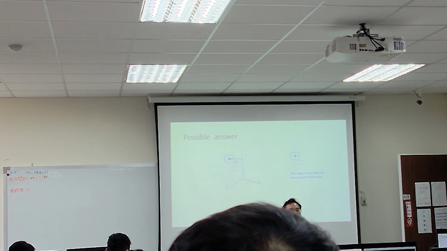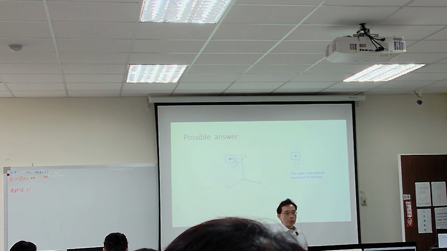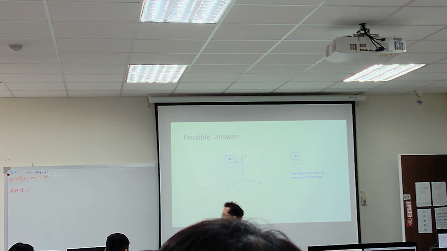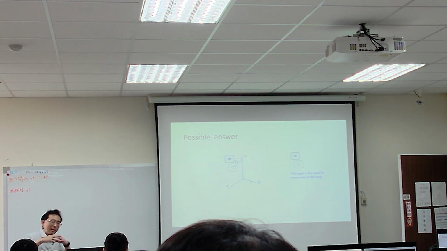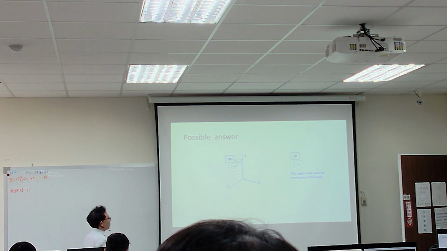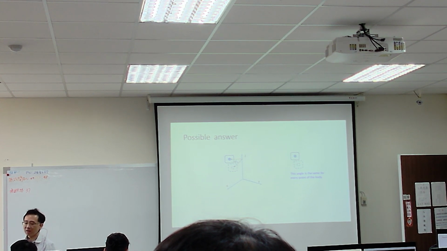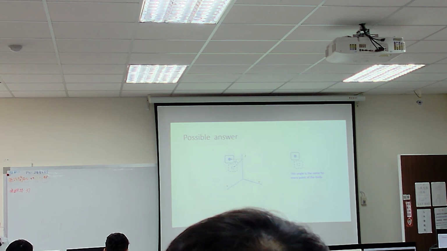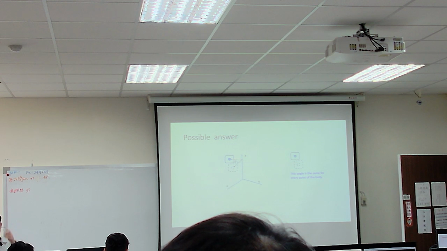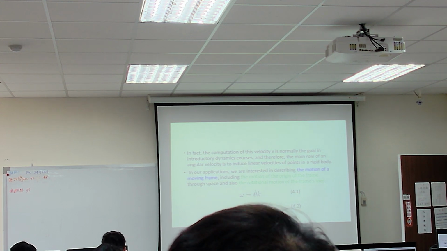Then at this point, there is not enough information for me to compute the linear velocity. So I would say the Jacobian is trying to connect this relationship between the rotation velocity, or angular velocity, and linear velocity. Okay, so this is exactly what I'm trying to illustrate. What is the description in the previous slide? Okay, and yeah, what's going on over here? So in fact, the computation of velocity v is normal to the goal.